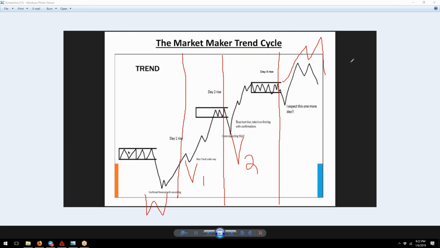That's what you're looking for in an upcycle. W, V, V, M. Period. That's what you're looking for. The better setup would be that the V1 sets the low. The better and cleaner setup is when V2 sets the low for the day.